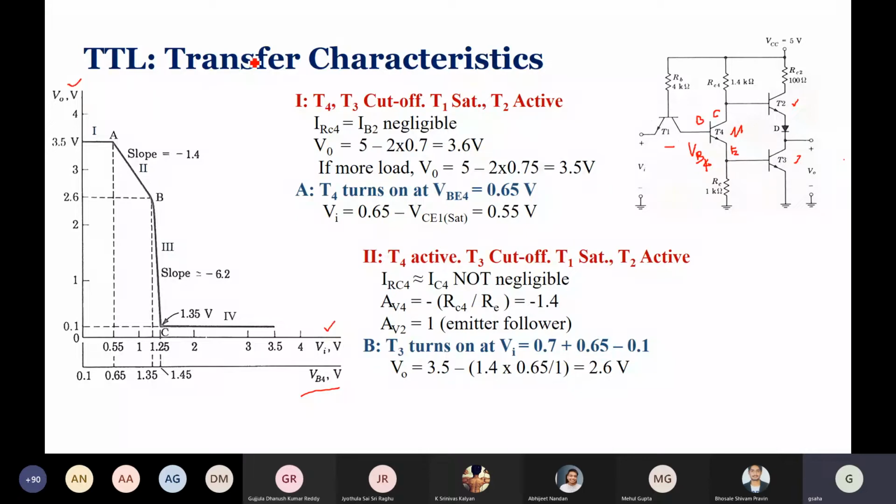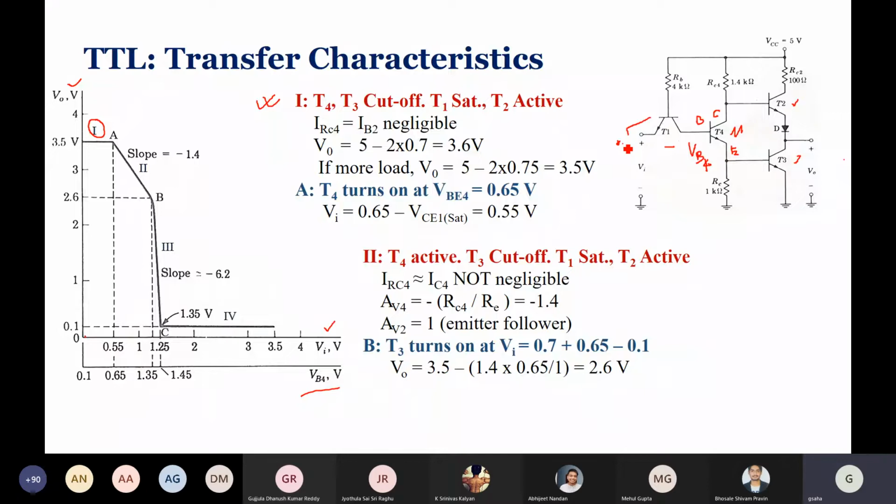Okay. Now let us go into the analysis. The first part is region 1. Okay, so region 1 is designated here as this. Region 1, a low voltage, 0 volt, 0.1 volt, that kind of thing has been placed here. So at that time what happens? From our previous discussion, we can understand that current is flowing in this direction. This is 0.1 volt or so.